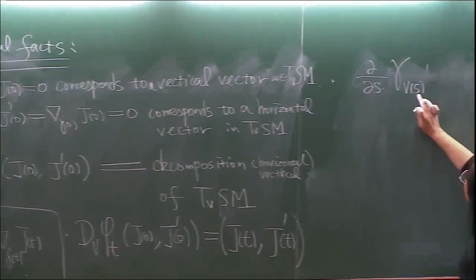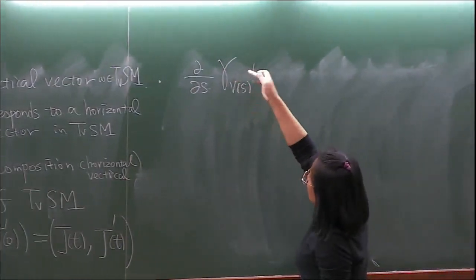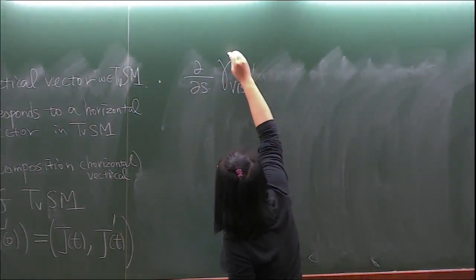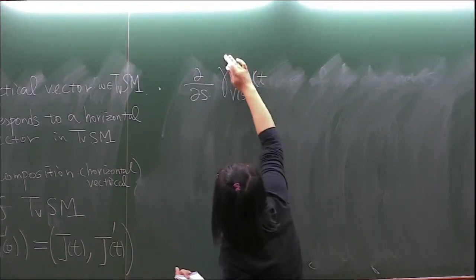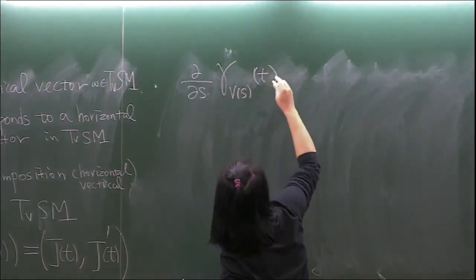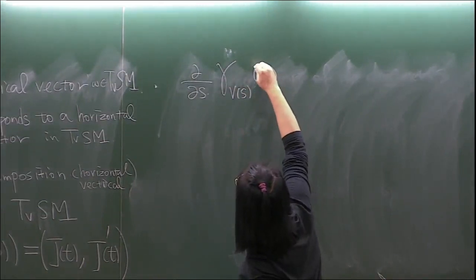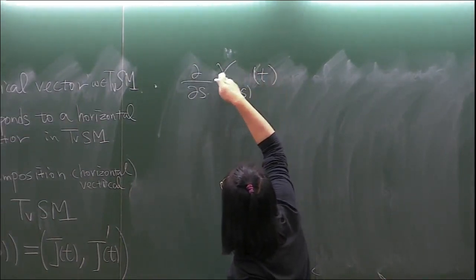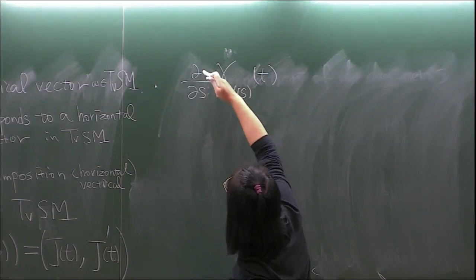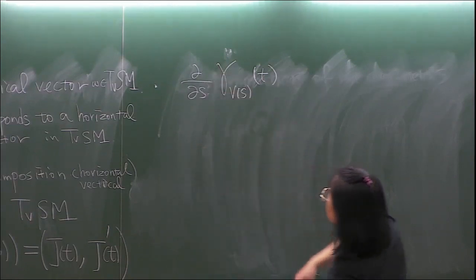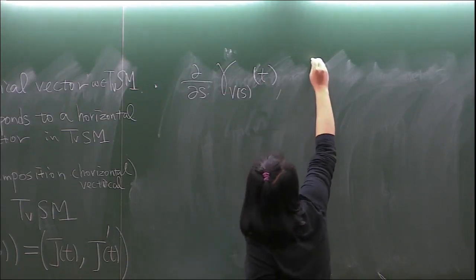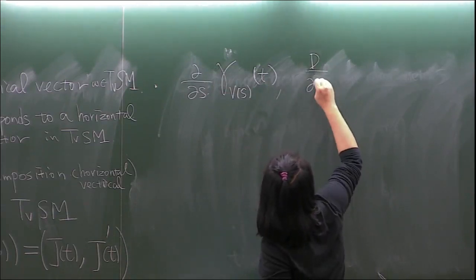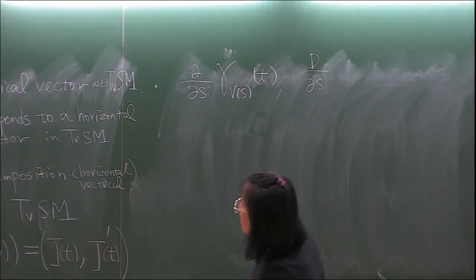You start with the initial Vs, and you take the derivative. This is the horizontal. So this is the base point at t of this one, and then you will have the derivative in the s direction at s equals 0, right? So then the other part is also in this way.